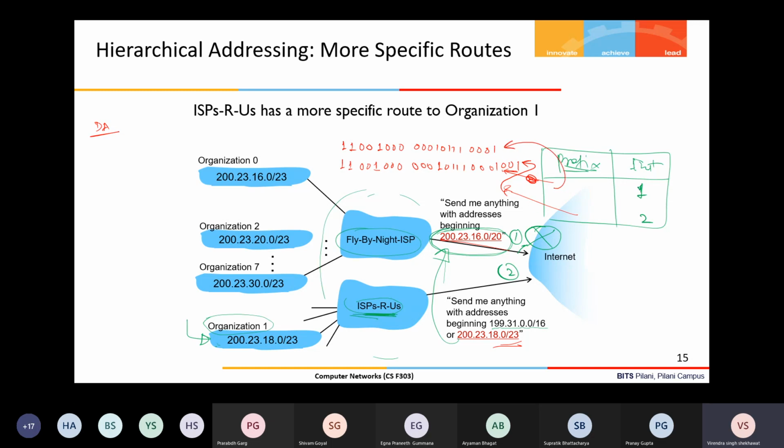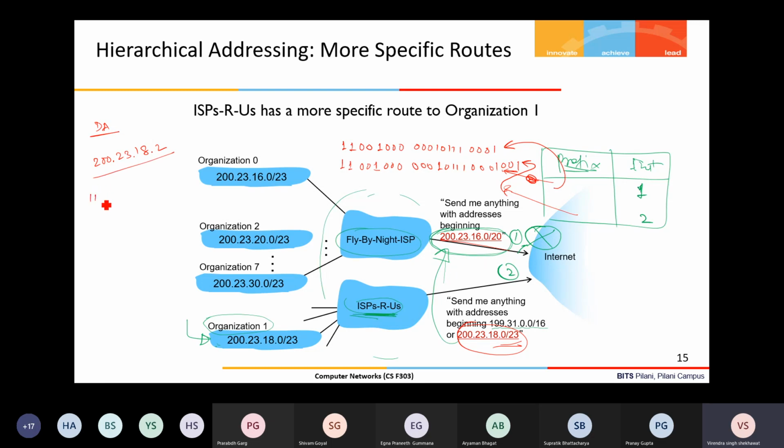Now the destination address, let us say, comes like this: 200.23.18.2. In which block is it? It is in this block. Now what will be the corresponding binary for this?